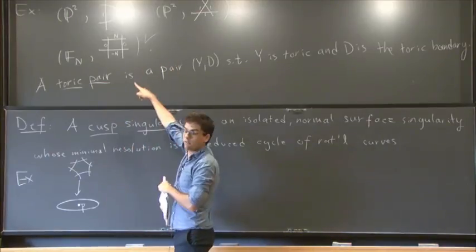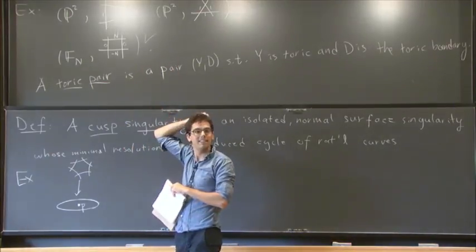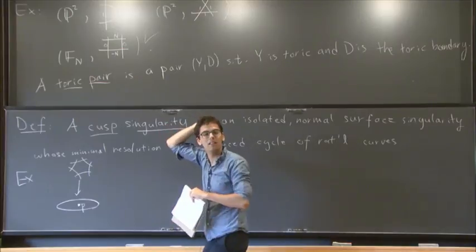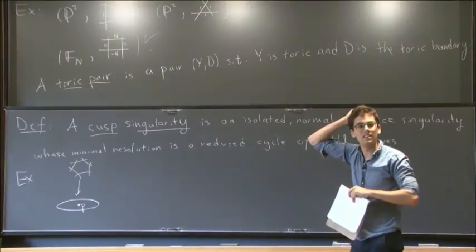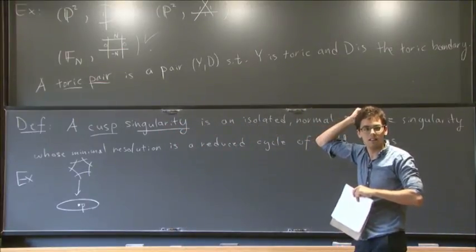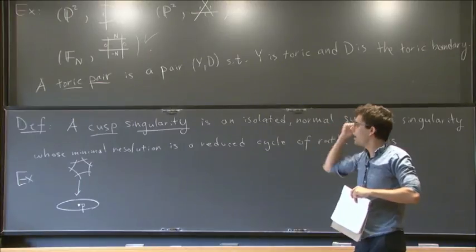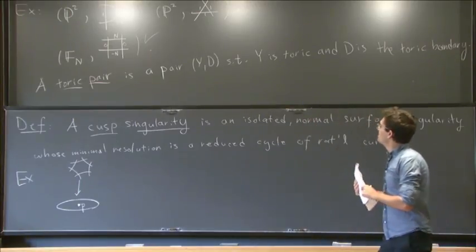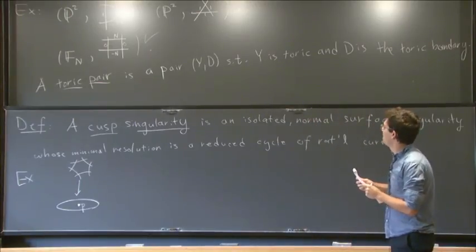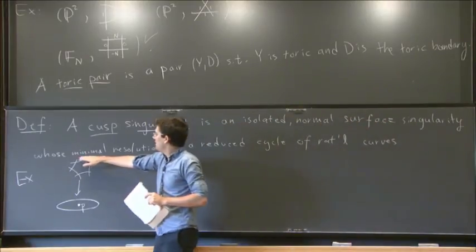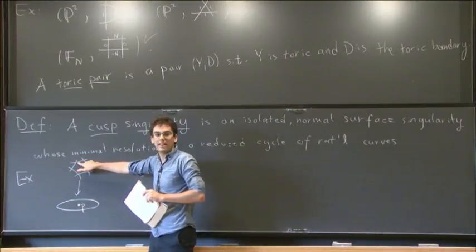And as before, I'm going to label by the self-intersections. So no trees. You could add trees, of course, by blowing up, but we're taking the minimal resolution.